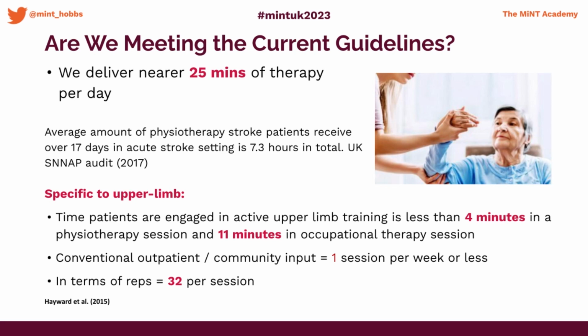I'll mention reps in a few slides' time, but Hayward in 2015 highlighted that sessions with the upper limb were achieving about 32 reps, which you can imagine, if you're with someone for 5 or 10 minutes of repeated movements, repeated reaching, it's going to be hard to get much more into the tens and hundreds of movements.